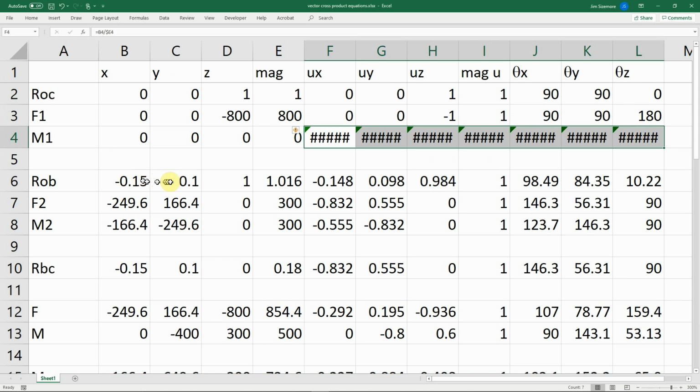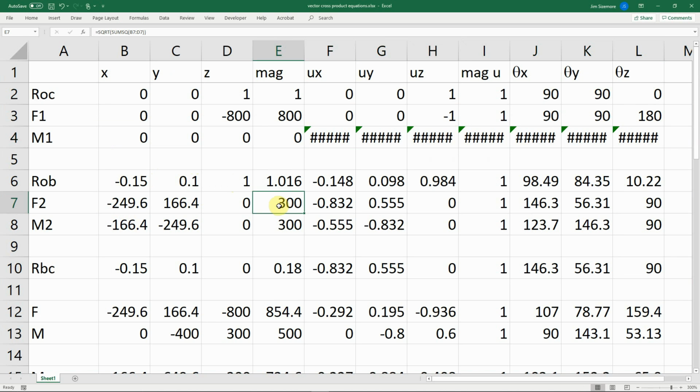Negative 0.15 meters and 0.1 meters in the y direction, 1 meter up in the z. F2: now magnitude 300 there. Let's look at the magnitude first. I had to calculate RBC to get the direction of F2.